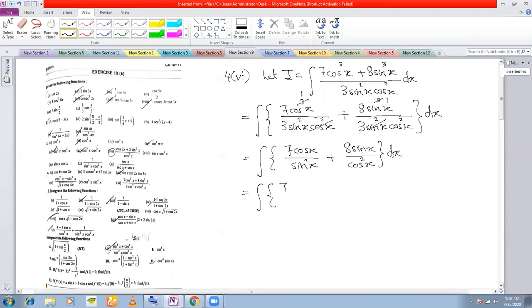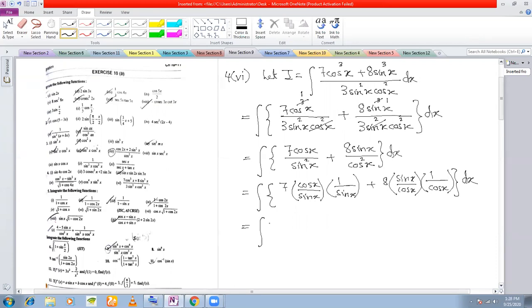This can be written as 7 cos x by sine x into 1 by sine x, right? And this can be written as 8 sine x by cos x into 1 by cos x, dx.